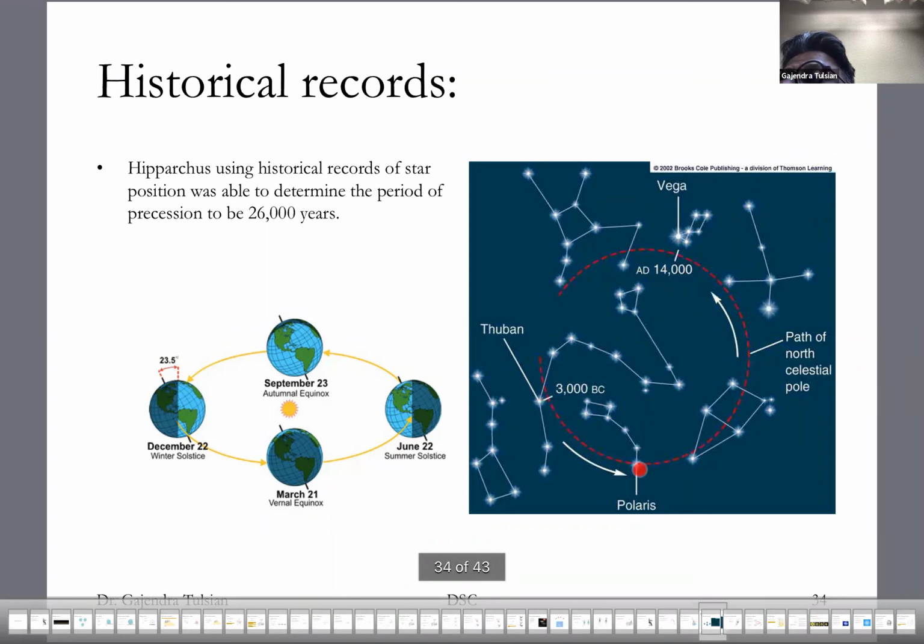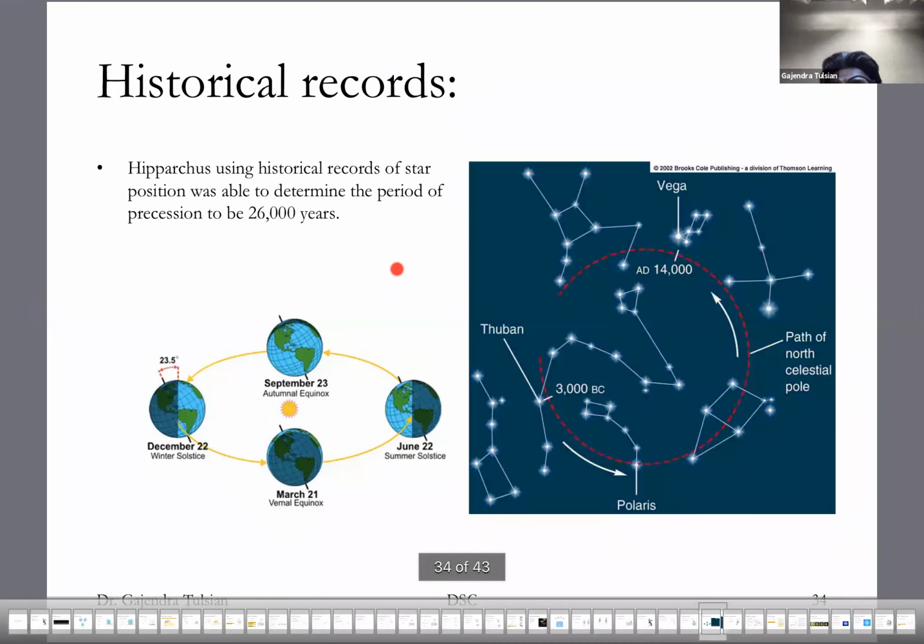So you can see that in 5,000 years, the Earth's axis has moved. In 26,000 years, the Earth's axis will precess once.